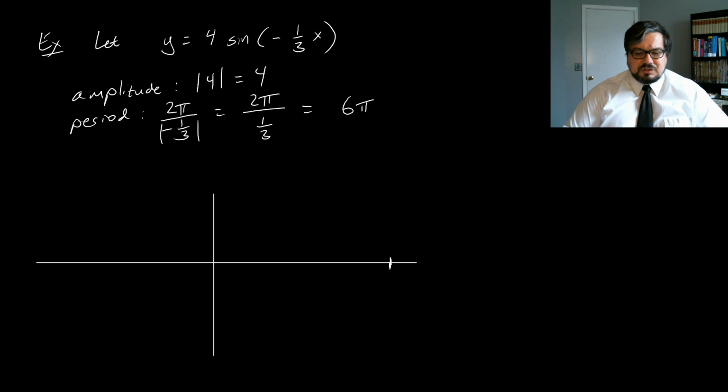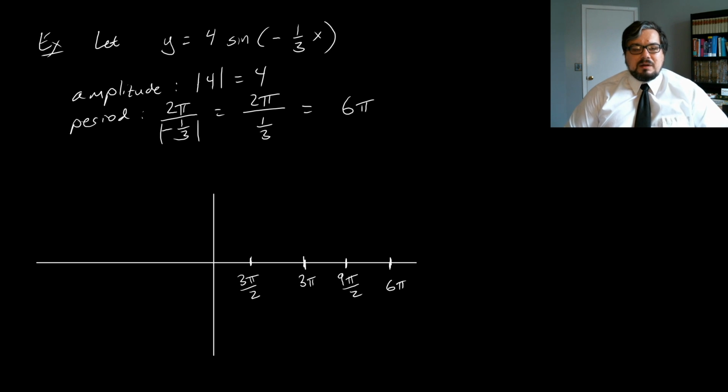Once again, we want to start with noting the endpoint of our period, 6 pi over here. Halfway to that is 3 pi. And then halfway there is 3 pi over 2. And then 9 pi over 2 in between.